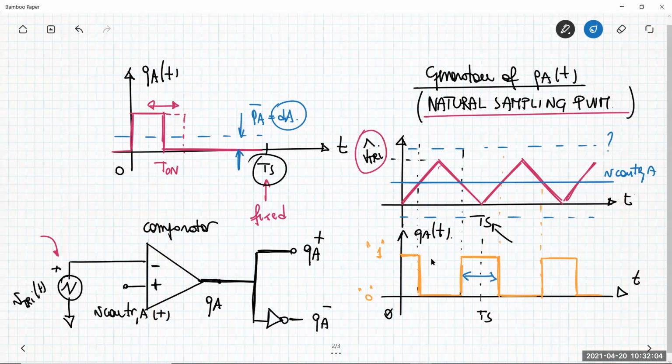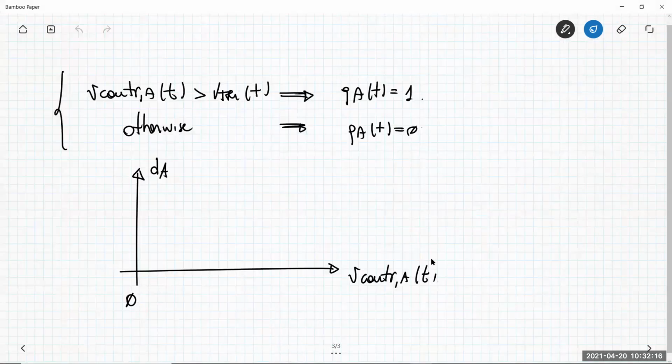So the control voltage must have the same dynamic of the triangular voltage in order to get the benefit of this kind of modulation. So the control voltage can range from 0 to V triangular peak.